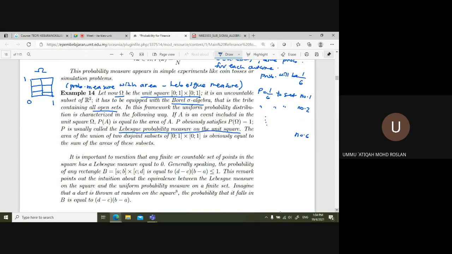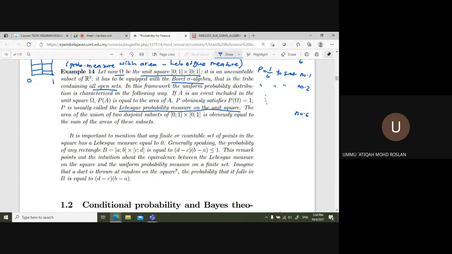If we talk about the Lebesgue measure, in the one-dimensional case you consider length. For example, the length from A to B is B minus A. If you consider the two-dimensional Lebesgue measure, you consider an area.